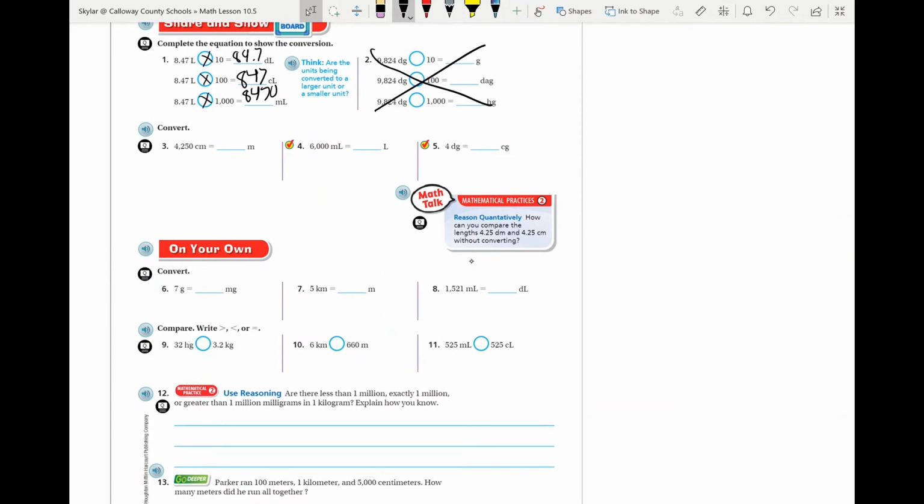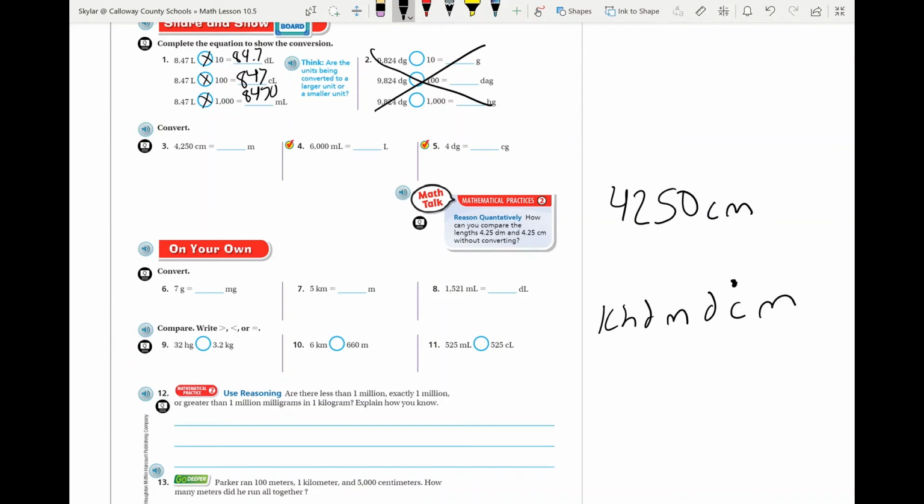So, number 3, we have 4,250 centimeters. We're trying to get to meters. So we'll go ahead and write out King Henry demanded more dark chocolate milk. We're at centimeters. And we are going to meters.